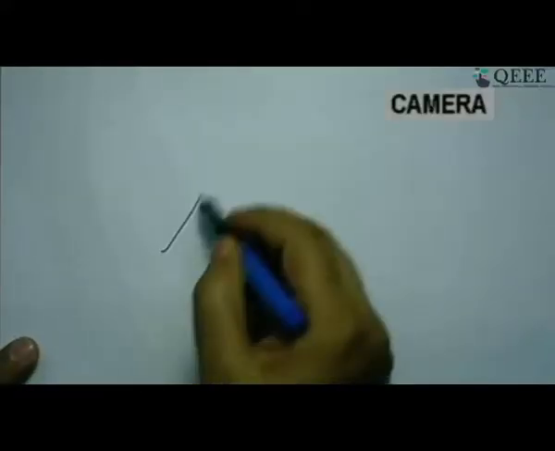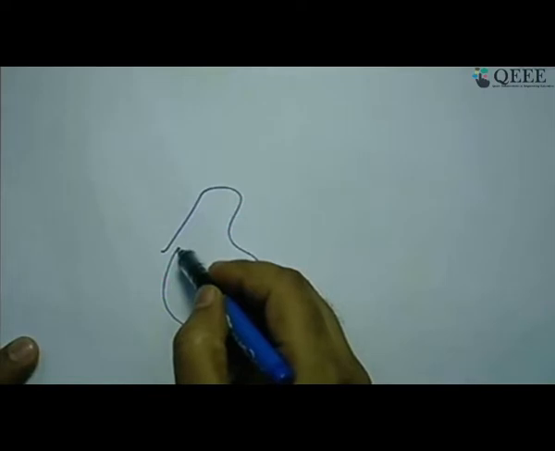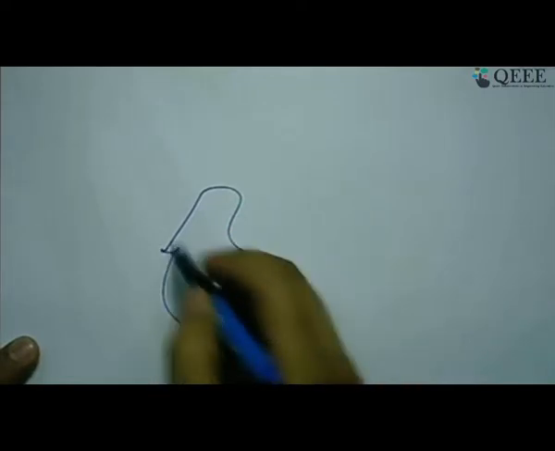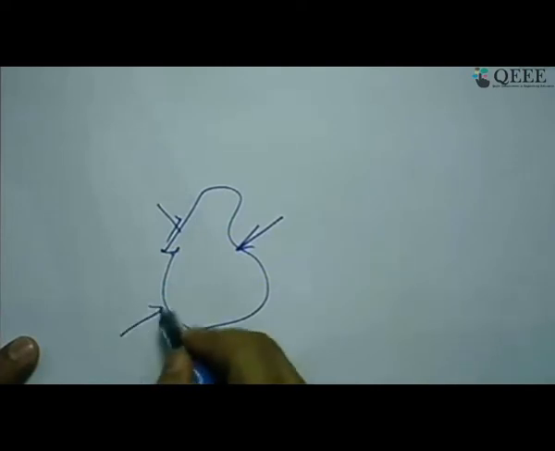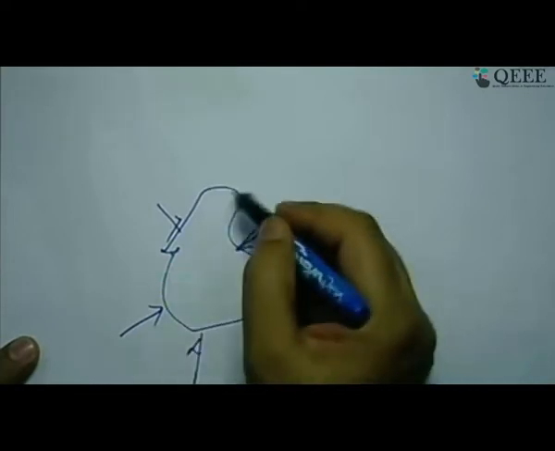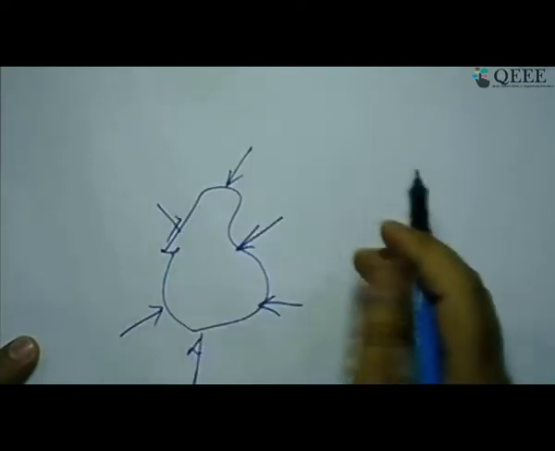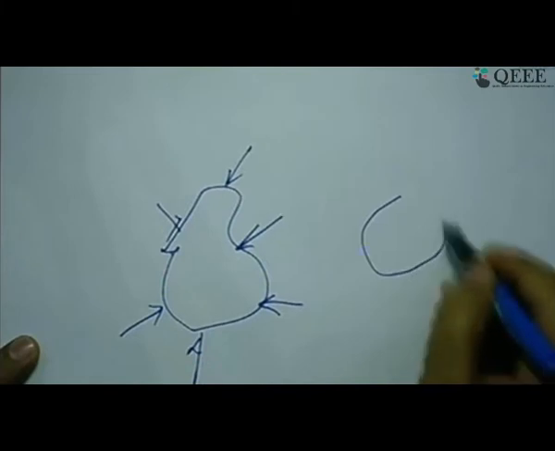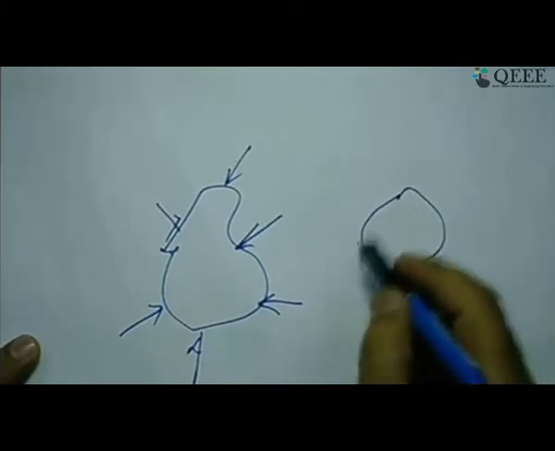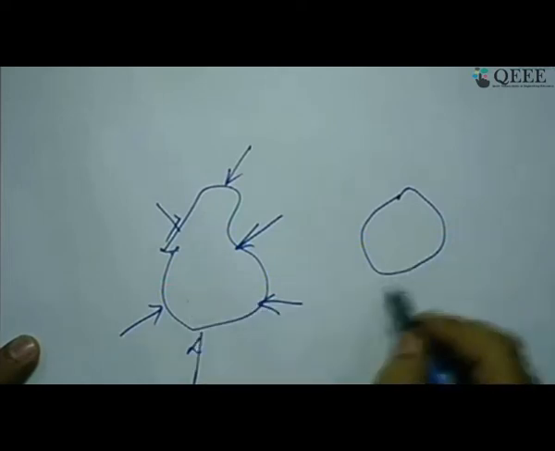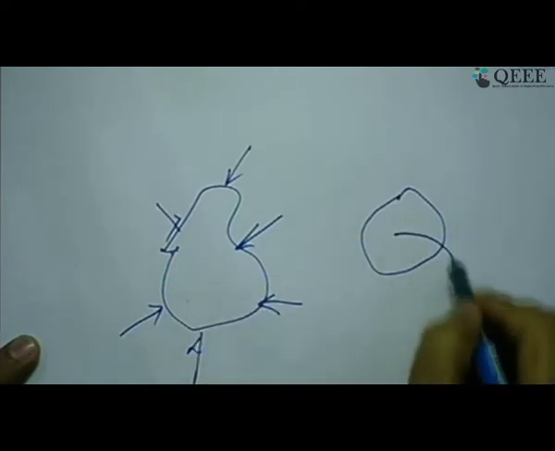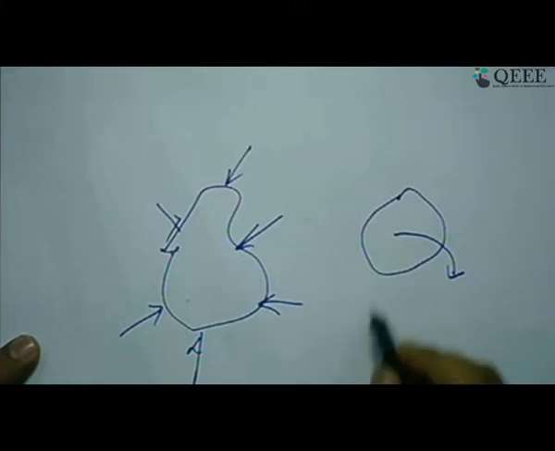Let us take a general body. This body can be stressed. I can impose traction, so it will have a shape change. Say I squeeze it like that, so then probably it becomes something like this. In addition, after this is done, I can also rotate this body and it might become something like that.